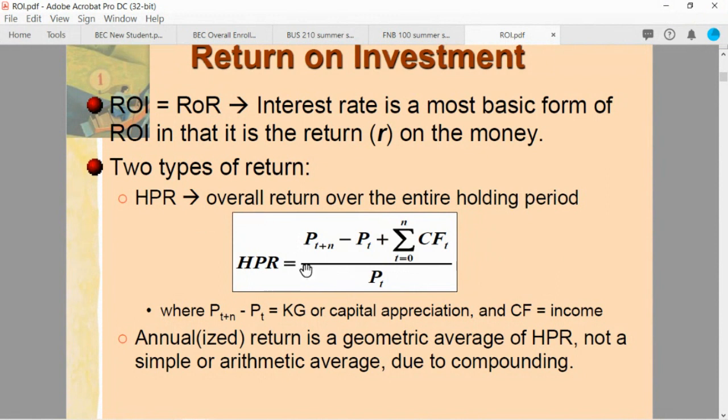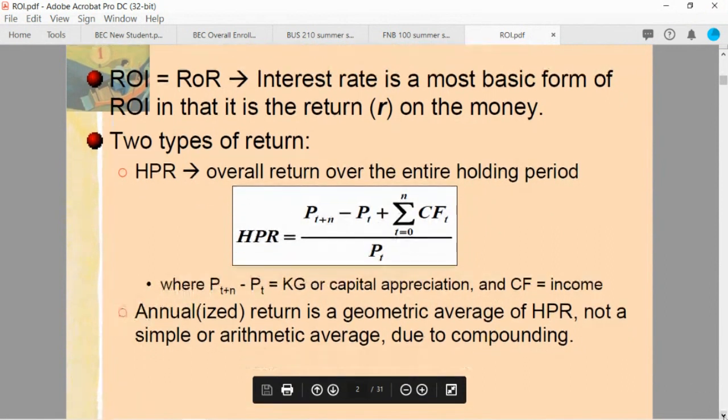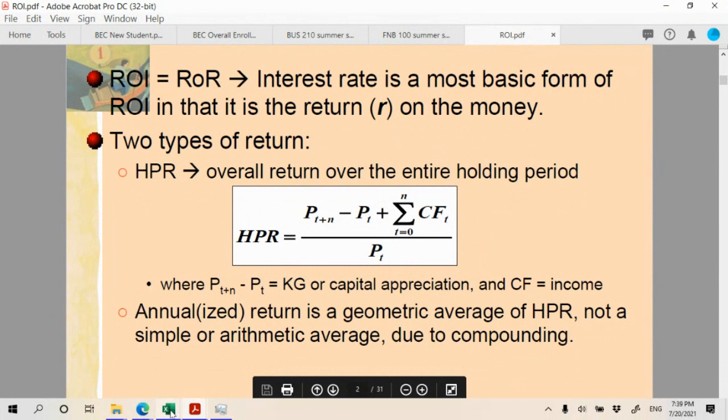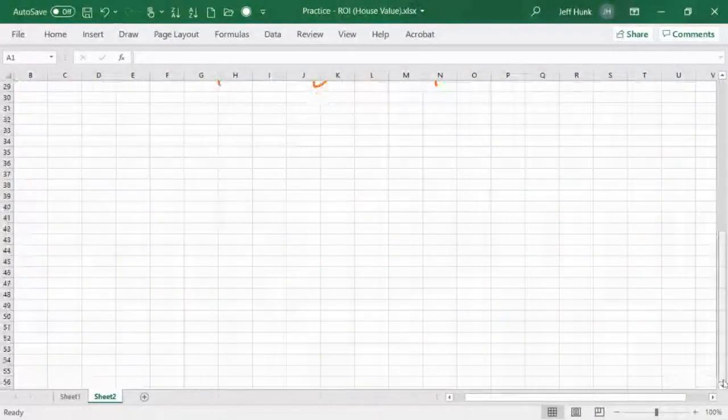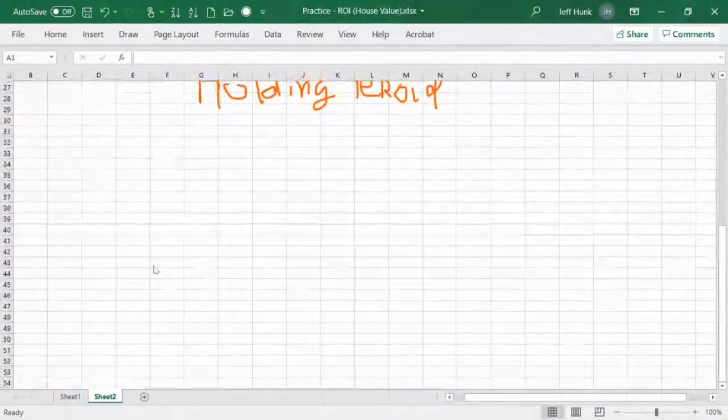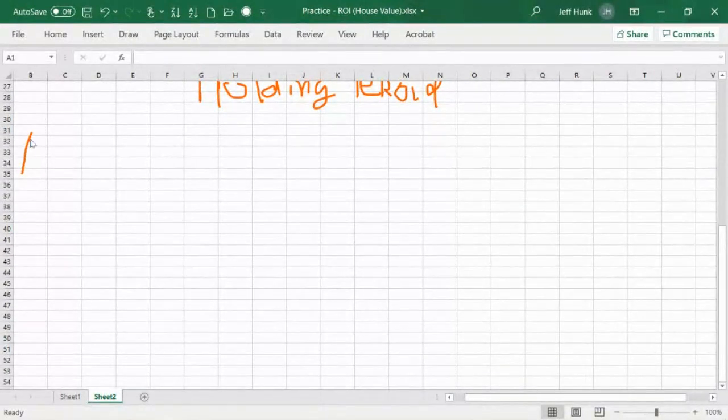So how do we calculate the holding period return? First, think about this symbol. What do you think PT stands for? Once again, let me put it here. This is a generalized notation.